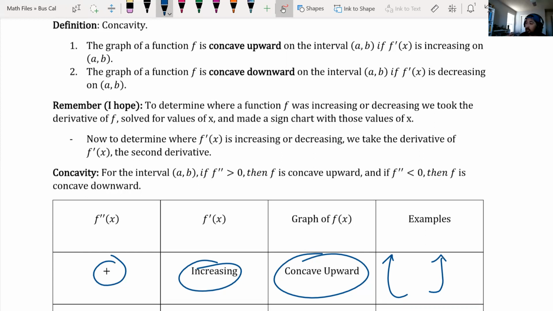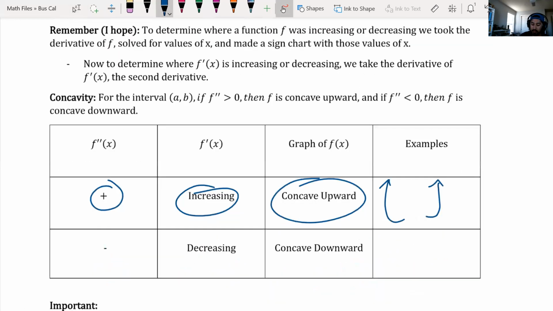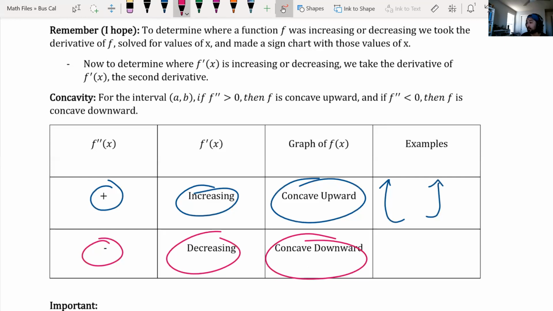Number two, you are concave down on the interval AB if the first derivative is decreasing on the same interval. That's also in this chart, where if the second derivative is negative, the first derivative is decreasing, and the original function will be concave down.